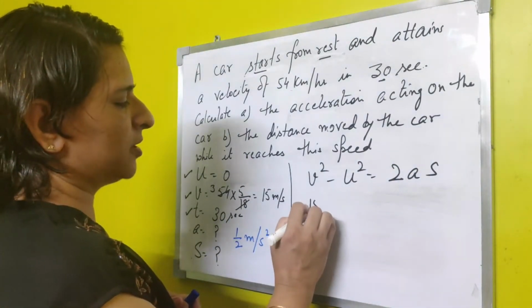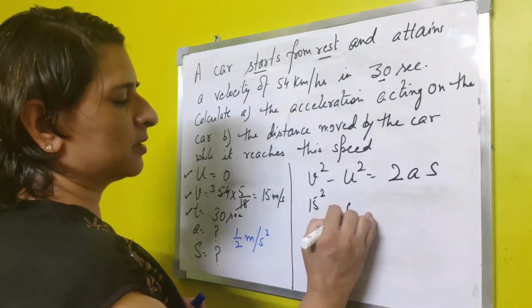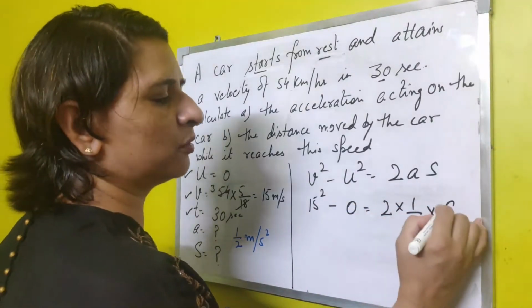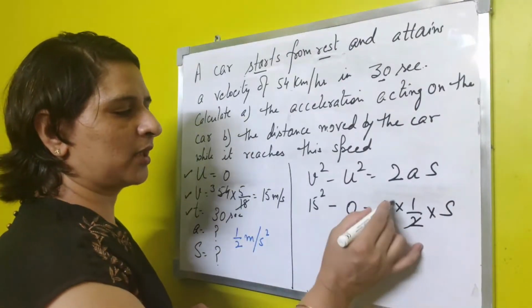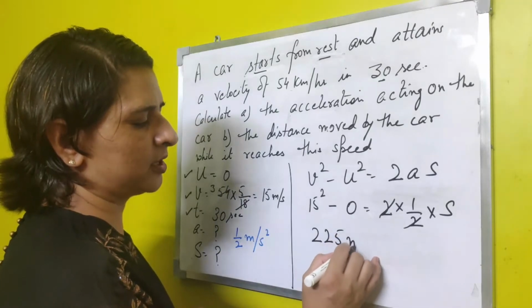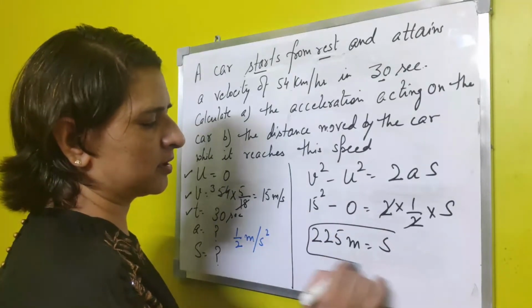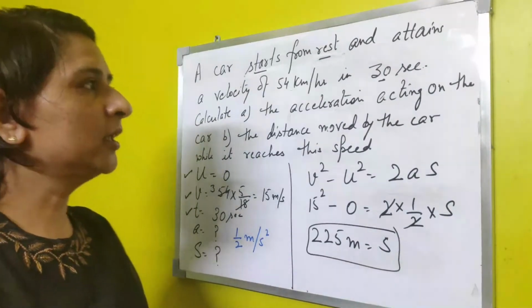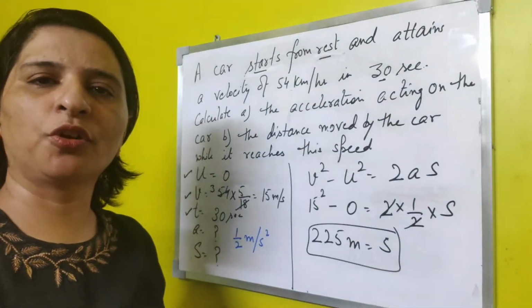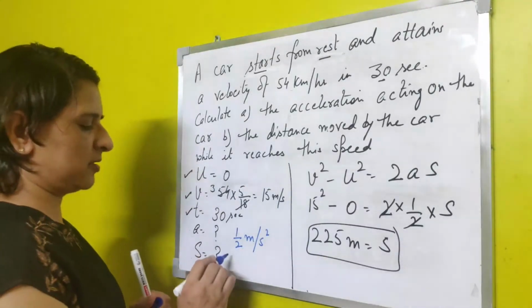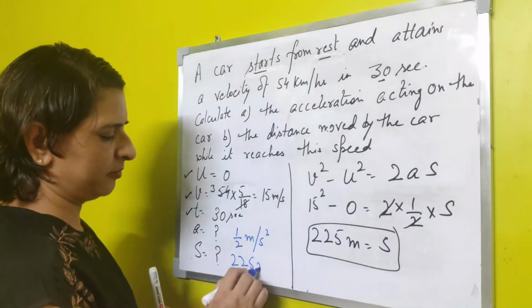It is 15 square minus 0 is 2 into 1 by 2 into S. So this is cancelled. So we can say 225 meter is the distance covered. So after covering a distance of 225 meter, the car had attained a velocity of 54 km per hour.